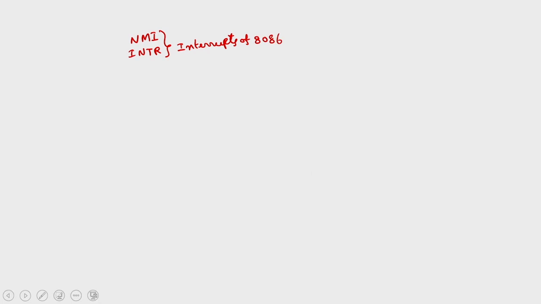NMI is the non-maskable interrupt and is positive edge triggered; INTR is positive level triggered, but INTR is maskable. I explained this already while discussing microprocessor operations.